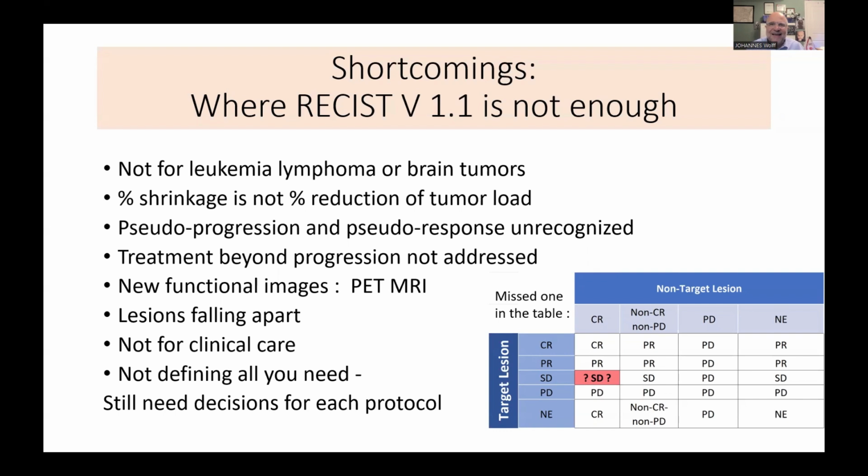Something not quite as common is the pseudo-response. That came, for instance, around anti-angiogenic drugs. Bevacizumab, for instance, causes blood vessels to obliterate, have fewer blood vessels. They are less leaky.